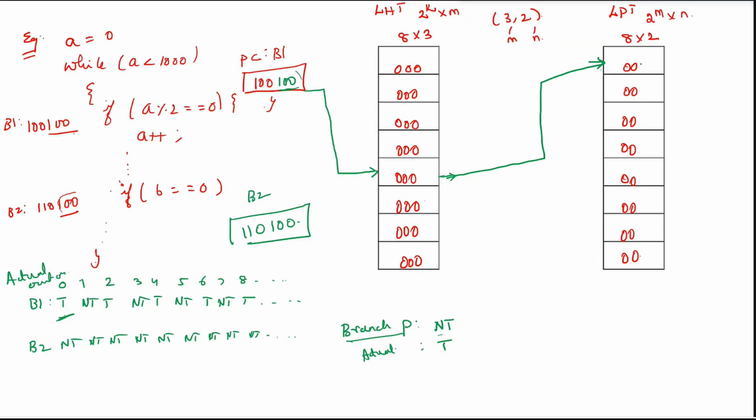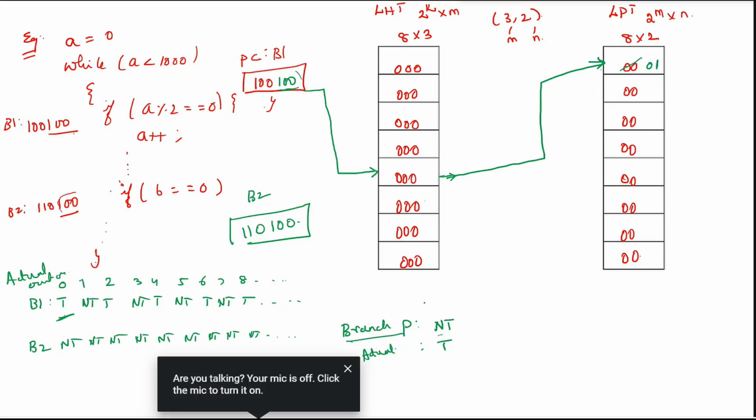In the 2-bit branch prediction, since it is taken, from 00 it moves to state 01. Got it? So previously it was 00, but the actual outcome is taken, so from 00 it will move to state 01. Clear? This is the first step you need to do.